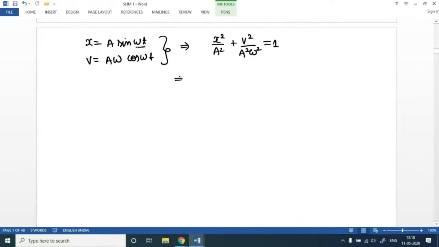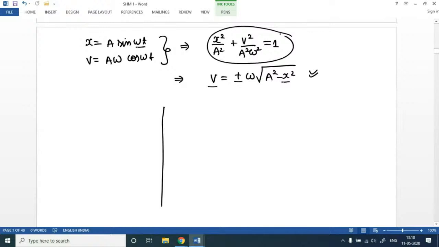Okay, and rearranging this expression will also give you that v is equal to plus minus omega root under a square minus x square over here. So this is a relationship between v and x, which enables you to find out the velocity as function of x. When you will be plotting this graph, you can see that is the equation of an ellipse.